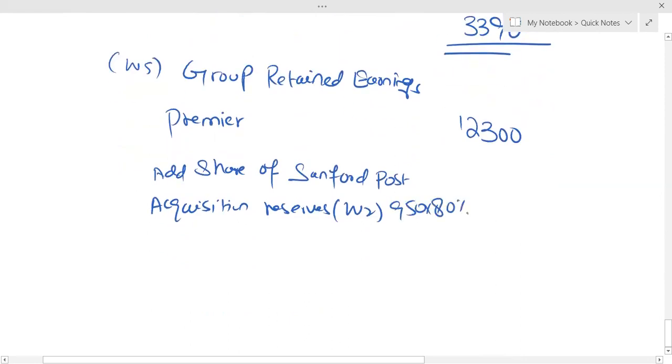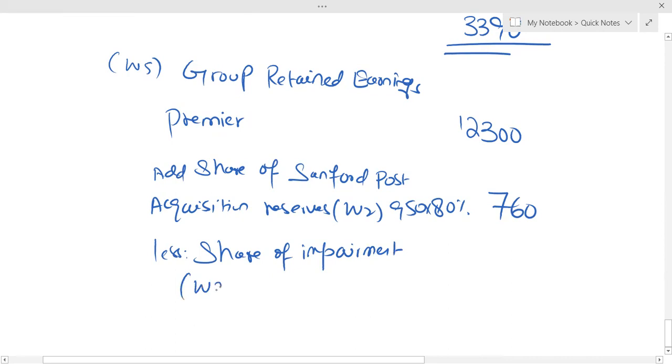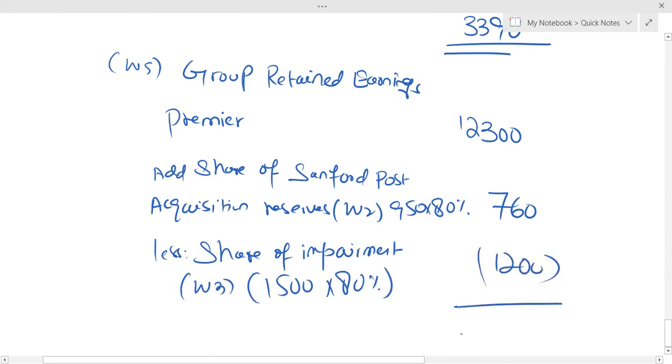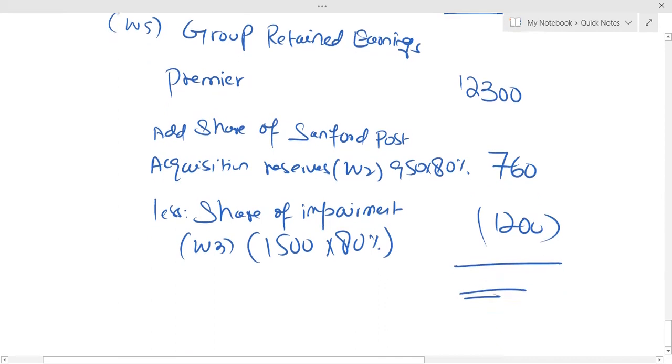We have given 20% of that to NCI. So that is 760. Less share of impairment. Working 3, impairment loss is 1,500. 80% belongs to the parent because the parent has an 80% holding. So here comes the group retained earnings: 12,300 plus 760 minus 1,200, 11,860.